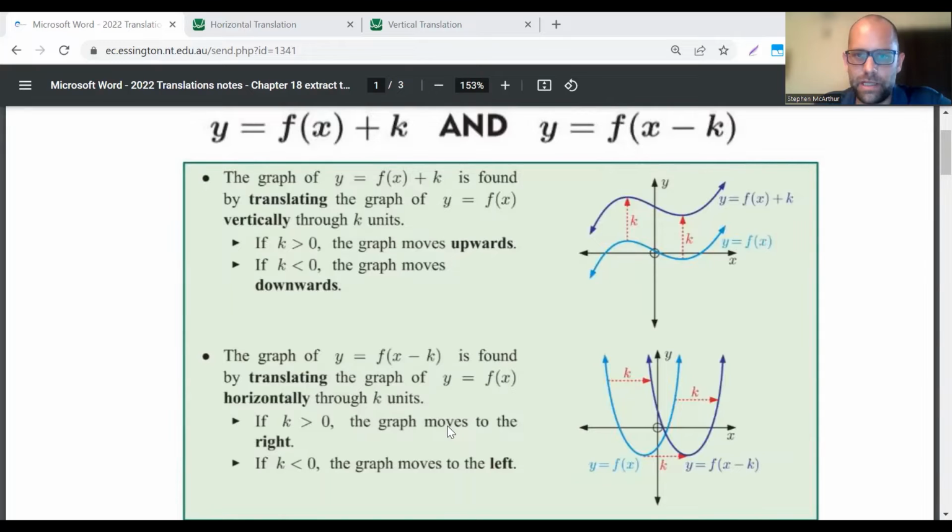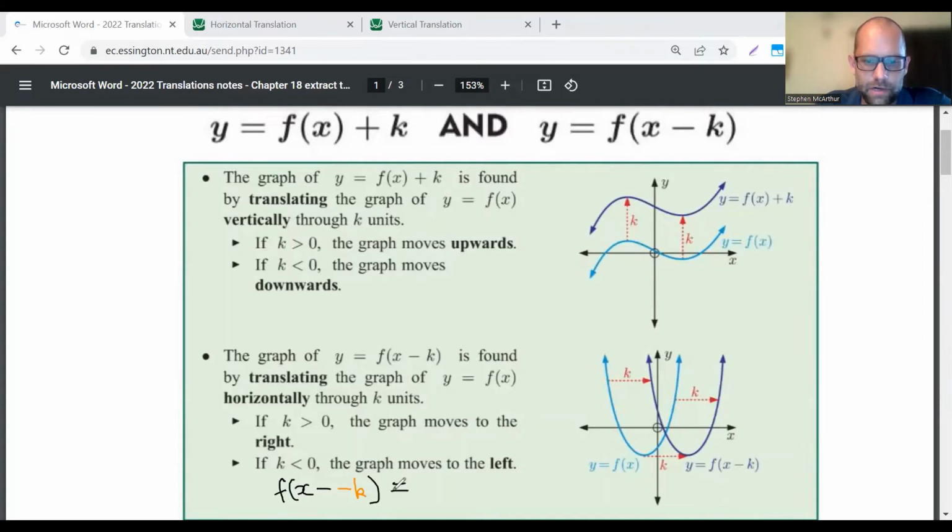And just to be really clear about what they're suggesting there, if k is less than 0, we could say f of x minus, which is part of the rule, and we could say like negative k, making k less than 0.